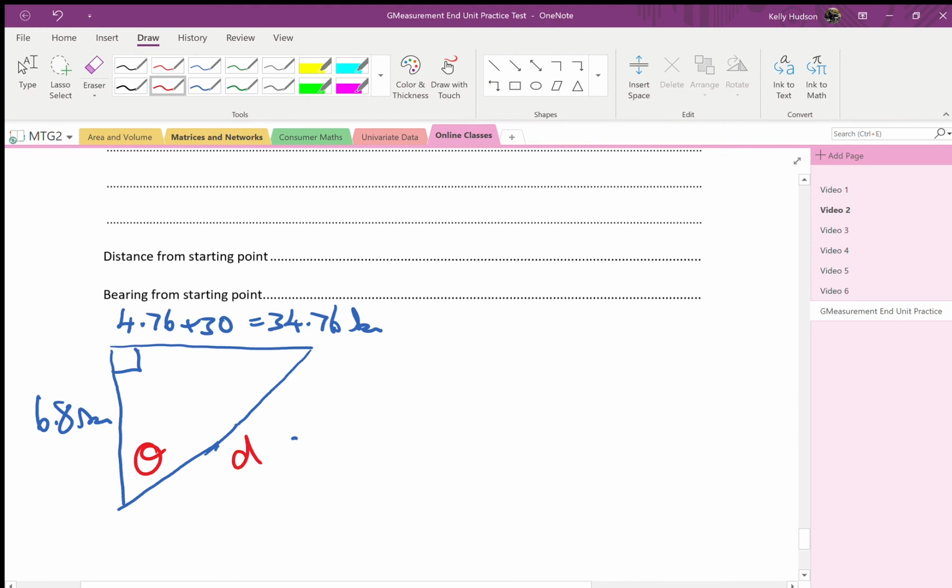So that's now the large triangle. And I've simply got to work out an angle and I've got to work out a length. So how could I work out the length? Well, let's do D first. I'd use Pythagoras because I've got two sides and I can work out my unknown side. So first of all, working out my distance, c squared equals a squared plus b squared. So d squared is equal to 34.76 squared plus 6.8 squared.